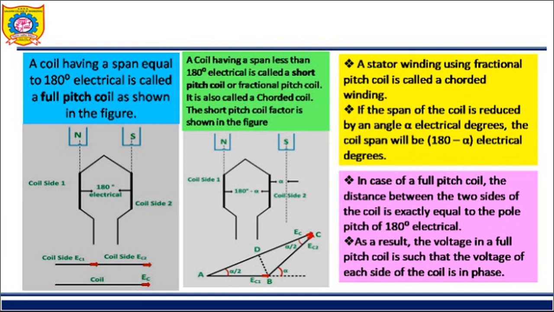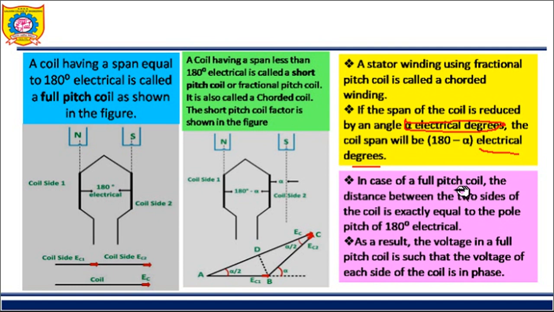If the span of the coil is reduced by an angle alpha electrical degree, see here, this is alpha electrical degree, the coil span will become 180 minus alpha, that is also in electrical degree.